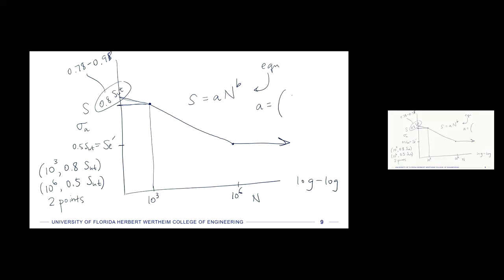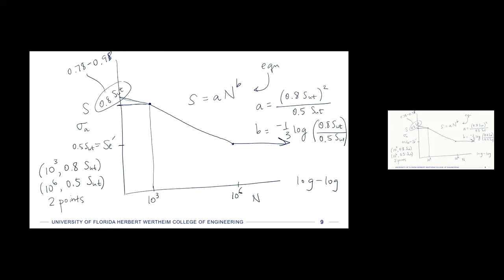So A is going to be kind of (0.8 SUT) squared, divided by SE, which is the 0.5 SUT, and B is equal to minus 1/3 times the log of 0.8 SUT divided by 0.5 SUT.